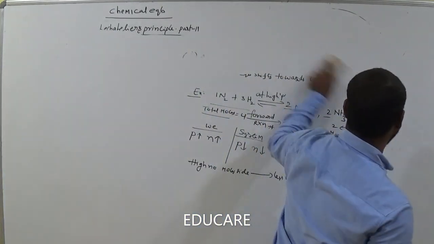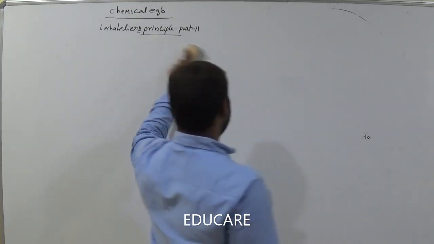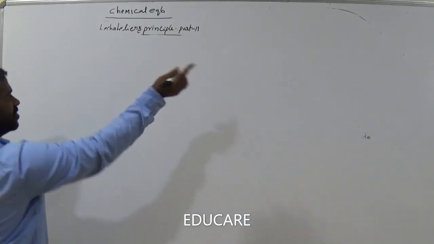That is the first statement regarding pressure: at high pressure, the equilibrium shifts towards the less number of moles side.